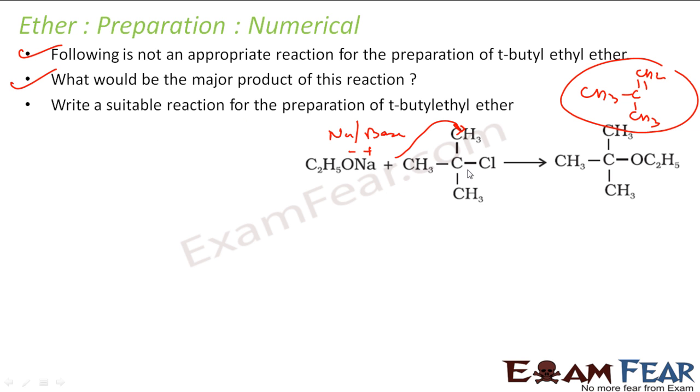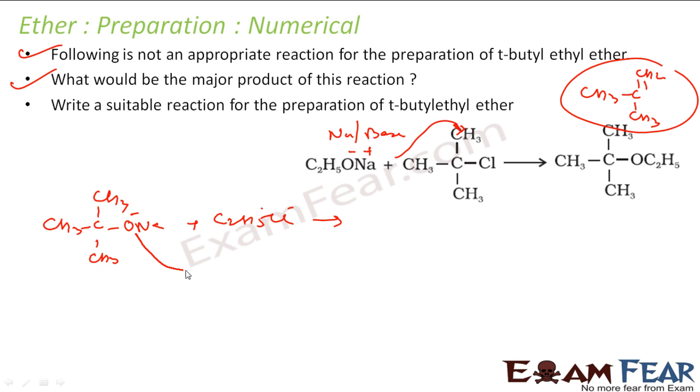For a suitable reaction, this is primary and this is tertiary, so we can just flip this. We can make it CH3, C, CH3, CH3, ONa, and here I can make it C2H5Cl. Now this will be minus and this will be minus here, so this reaction will happen.